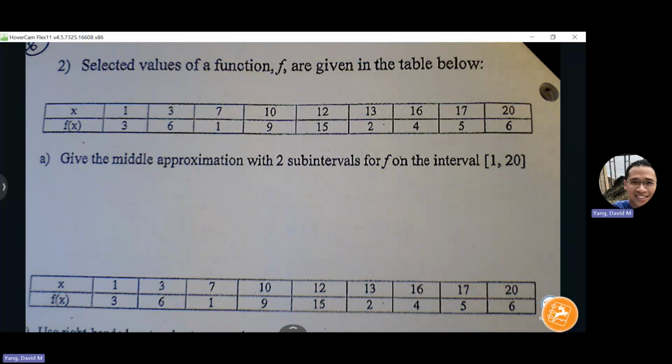Question. Yeah, still rectangle. So anytime you see, I know sometimes it doesn't mention rectangles, but we're going to assume that's always rectangles unless they say trapezoids.